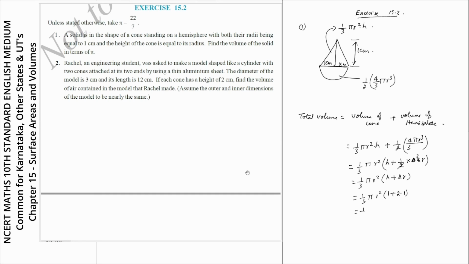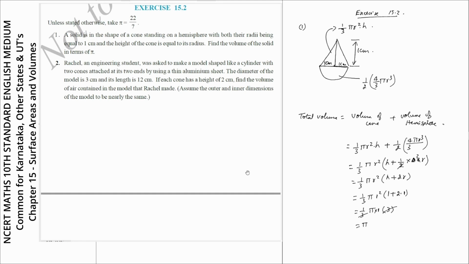So this is 1 by 3 pi, 1 square is 1, into 1 plus 2 is 3, so the 3 will get cancelled, and the answer is pi.